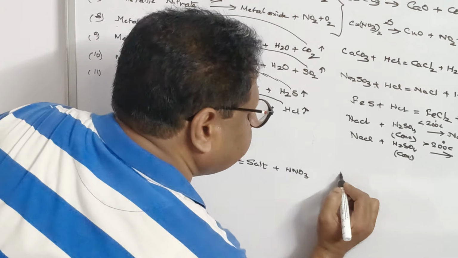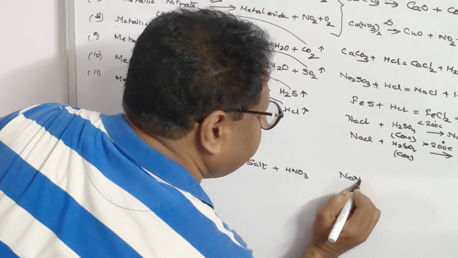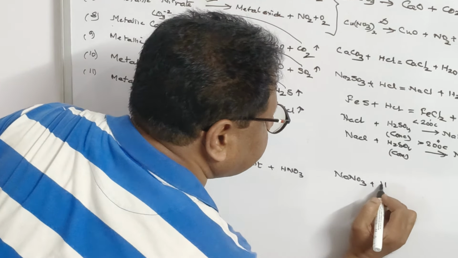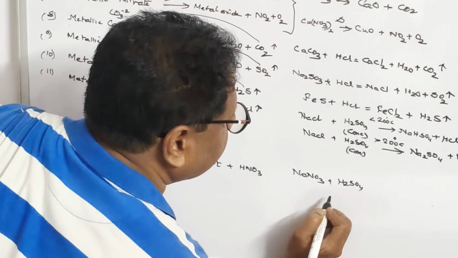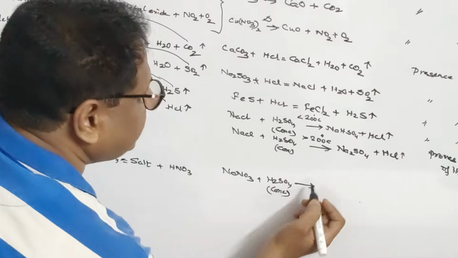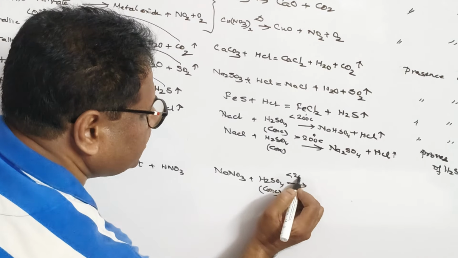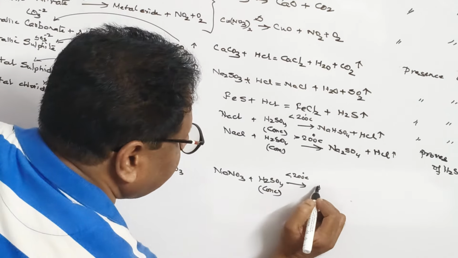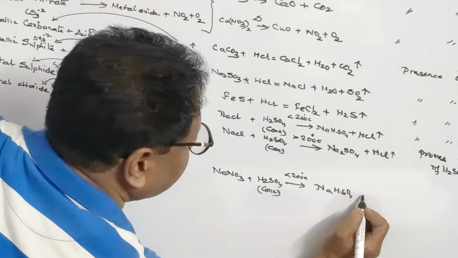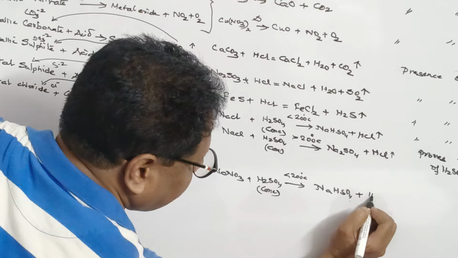For example, if you take sodium nitrate, react it with conc sulfuric acid, and same condition as the first, less than 200 degrees Celsius, it forms an acid salt NaHSO4 forming HNO3.